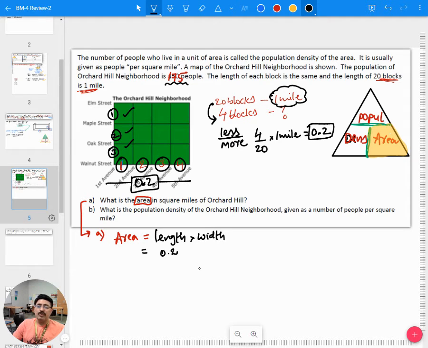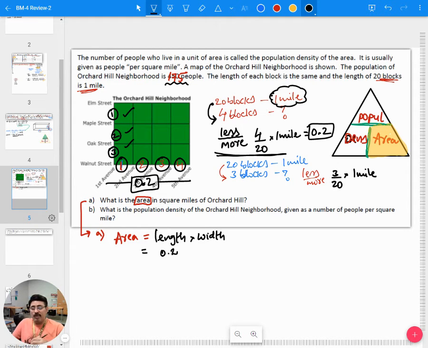Let me rewrite again: 20 blocks is 1 mile. Then 3 blocks, how many miles? We are computing for a smaller number, so the fraction is less over more. Which is less? 3 is less, over 20 times 1 mile.